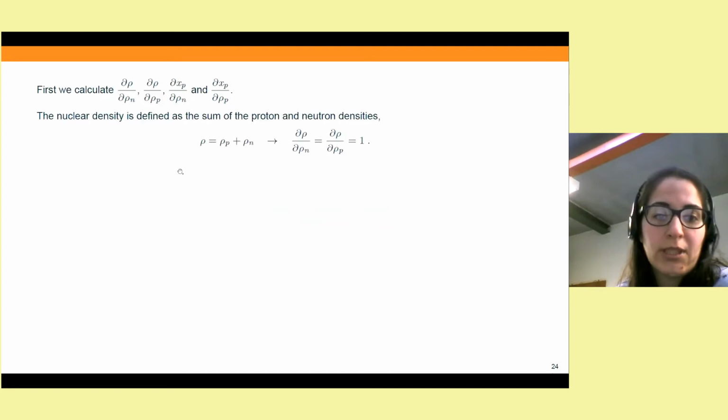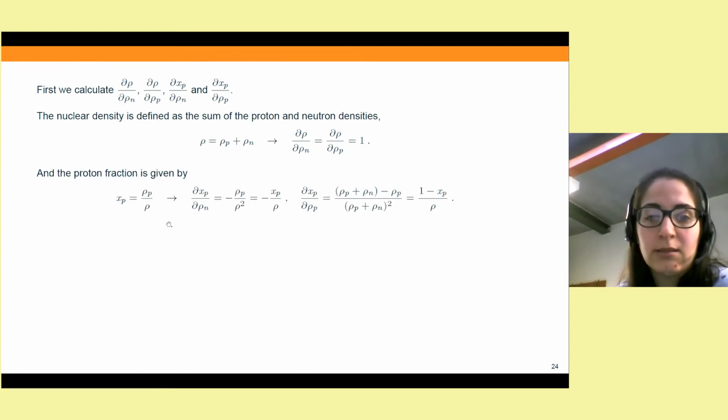Okay, so what is it? The derivative of the baryonic density with respect to the neutron and proton density is just 1. For the proton fraction, as I said, it's the proton density divided by the total density. So the derivative with respect to the neutron density is minus the proton density divided by the total density squared, and this is just minus the proton fraction divided by the density.